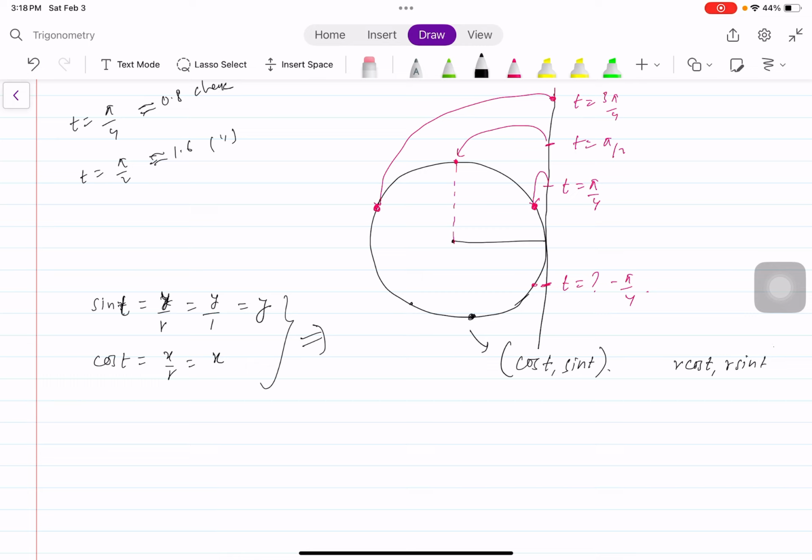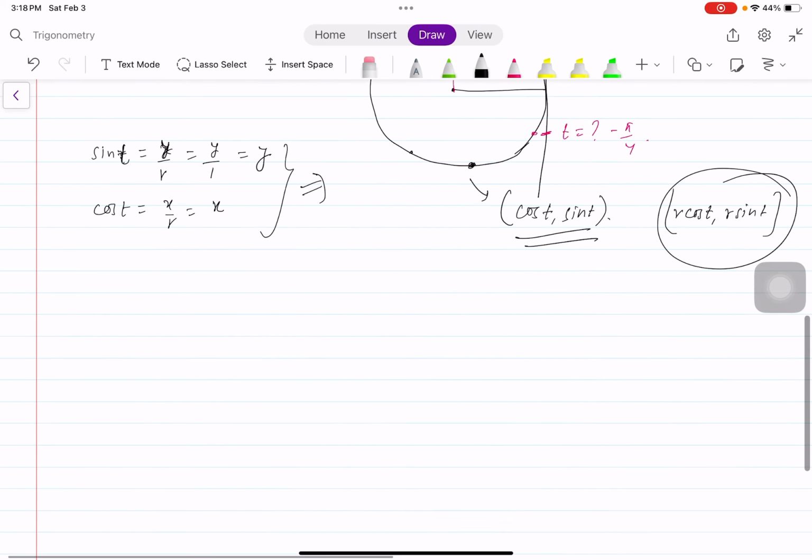It is a different case, but on the unit circle, since r is 1, we get those values. Other trigonometric functions can be derived from these two, because if we know sine and cosine, we can find their reciprocals, their quotient values and all the others.